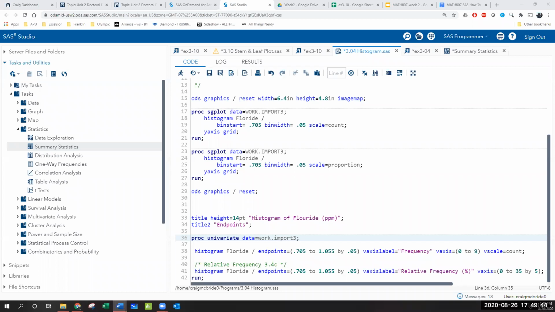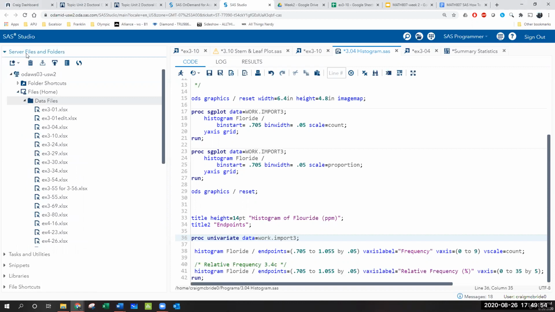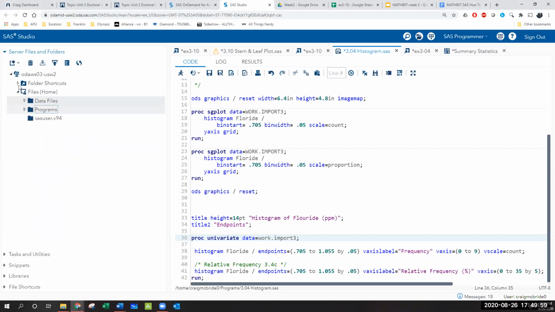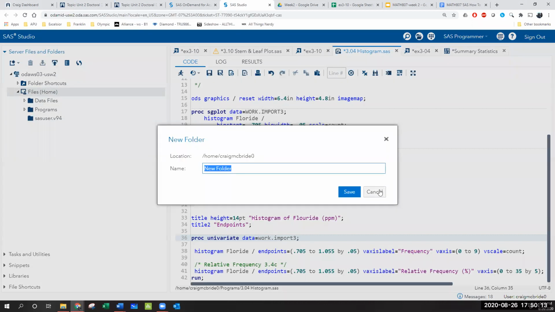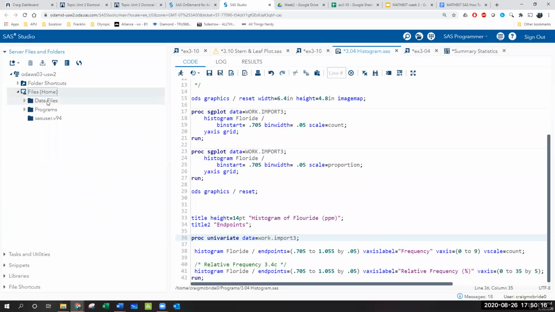Can you show how to upload the files? Because I don't think mine came out that well. Sure. Under the server files and folders, under the files tab, you should have a SAS user folder. If you want to, you can create 2 new ones by right-clicking on files and doing new folder and then giving it a name. I would suggest doing that, and I created a data files folder and a program folder.